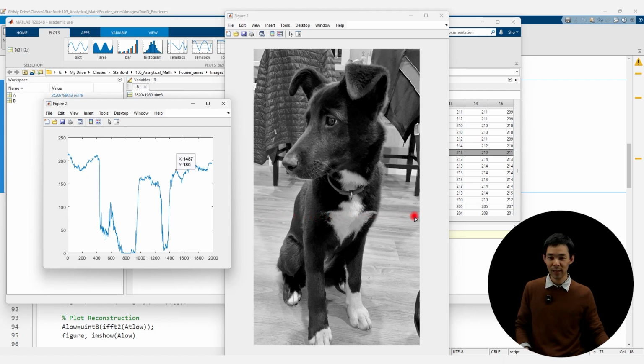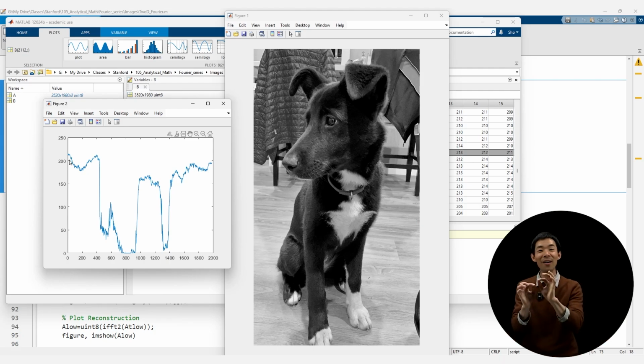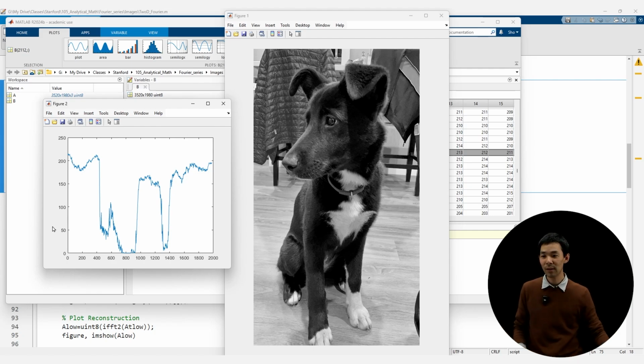So I've taken a particular cross-section, fixed my y position, and taken a line trace along this image, along the x direction, and I'm plotting the value of those pixels that carries 0 to 255 at that position as a function of x. So the y-axis here is the intensity, how bright that point is. On the x-axis here, I'm plotting the position along the x direction.